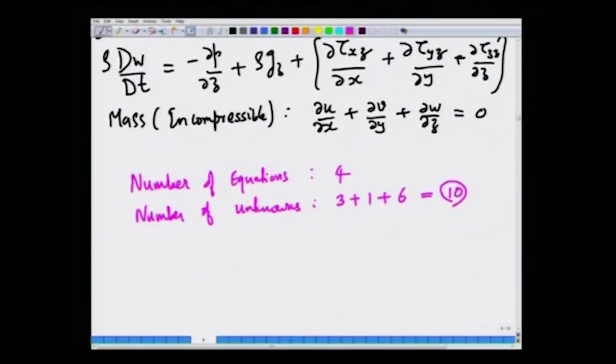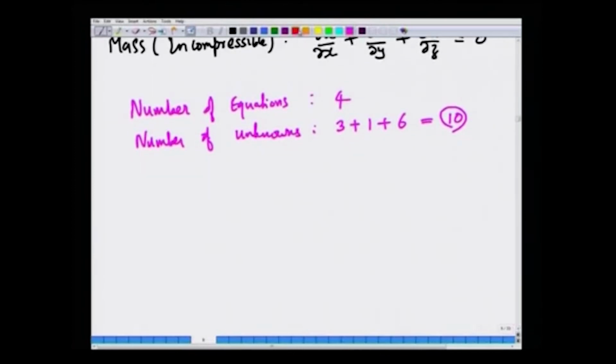This is equally well for a solid as it is for a fluid. So, in some sense that information is what is lacking so far, and once we provide that information as to how a given material is going to respond to applied stresses, then we will be able to complete the set of equations. Such relations are called constitutive relations.